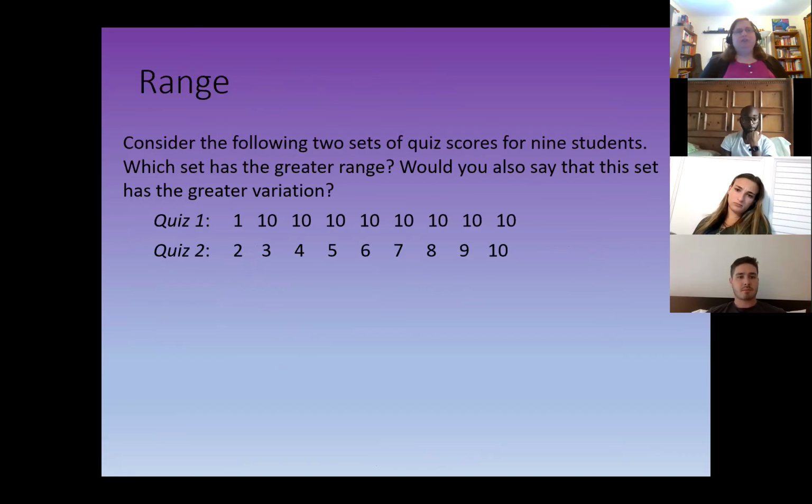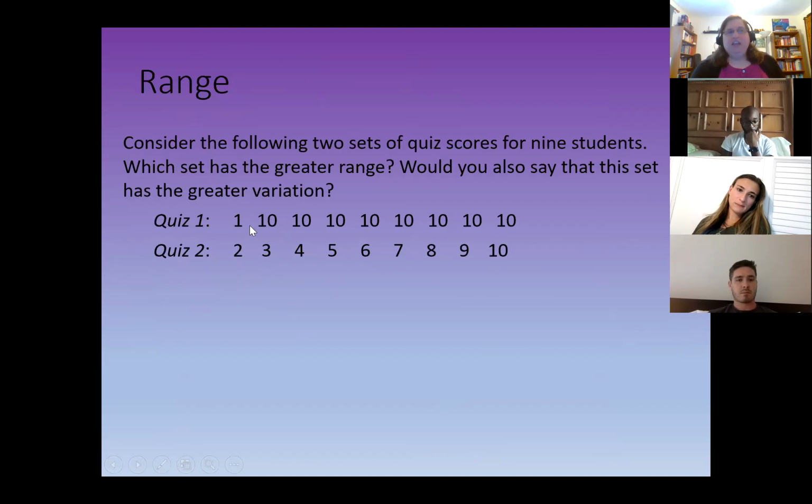Then I ask you to consider the following two sets of quiz scores for 9 students. You can consider which has the greater range and which one has the greater variation. If we subtract the high score minus the low score, 10 minus 1 gives us 9. 10 minus 2 gives us 8.